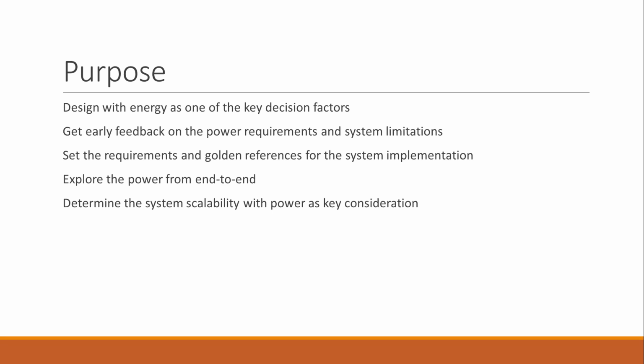So you really want to get feedback very early in the design cycle to be able to identify where your limitations are or what you can really do with the space that is provided to you. So you can't have 200 watts of power on a USB dongle. So you have to have some expectation on what you can do with available power.